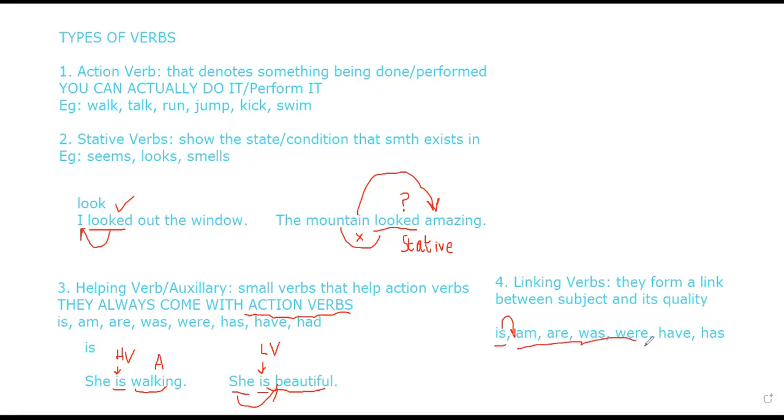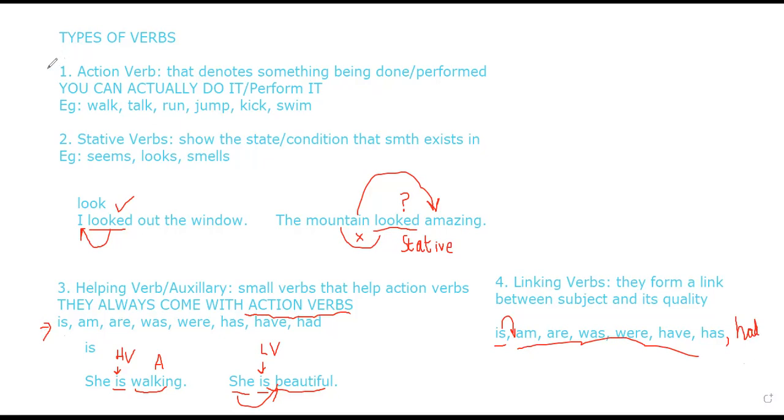Is, am, are, was, were, has, have. Here also we have the same. Had, also had. I have not written had over here. Right? And here we have the same list, exact same list. Only difference is that over here it will always follow with an action verb, right?